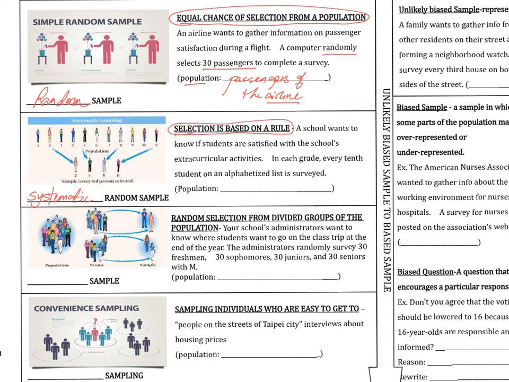So for example, if a school wants to know if students are satisfied with the school's extracurricular activities and they want to sample the students according to a rule, then for example, in each grade, every 10th student on an alphabetized list is surveyed. So this is following a rule. And the population being surveyed will be the students at the school.